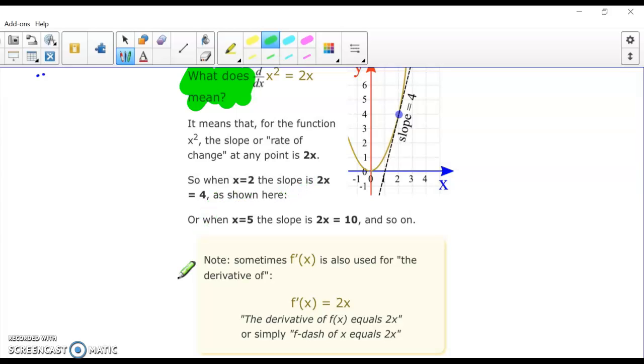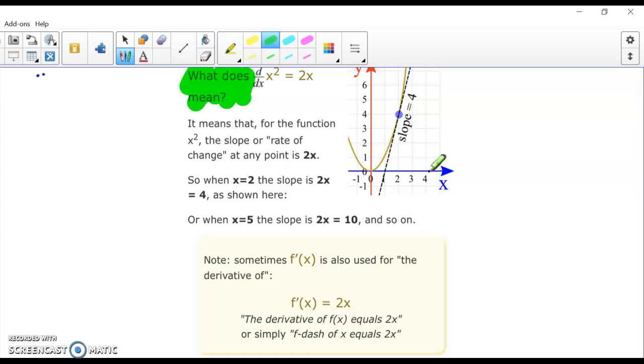So when x equals 2, right here, at that point that they've given, when x equals 2, the slope is 2x, or 4. So the slope then of this tangent line, or we can say the slope of that point, is 4.